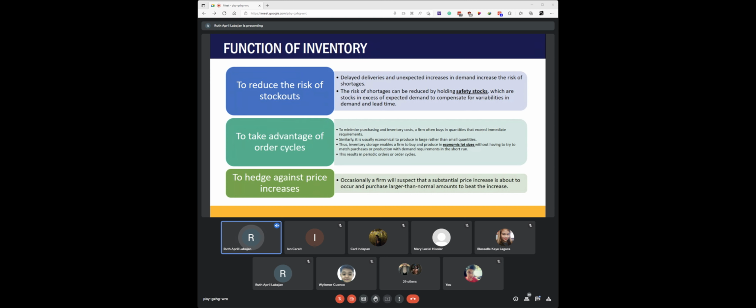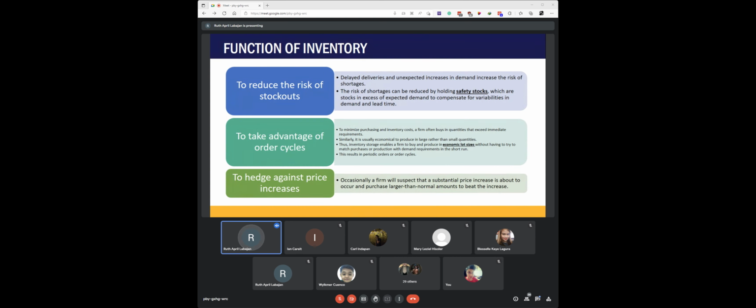So sometimes, if you order raw material from another country, China or Japan for instance, there might be problems in the shipping or weather conditions so that your delivery does not arrive on time. So there's already a delay in delivery.